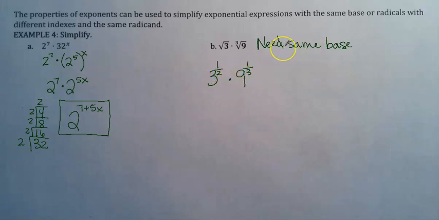We have to have the same bases in order to multiply. So can we rewrite 9 with a base of 3? If I look at the prime factorization of 9, I do 9 divided by 3, I get 3. So we can replace this 9 as 3 squared to the 1/3 power. And then it's being multiplied by 3 to the 1/2 power.